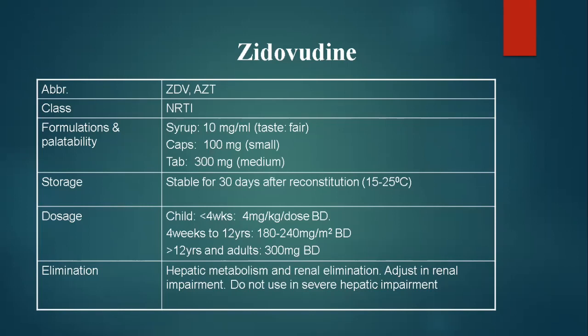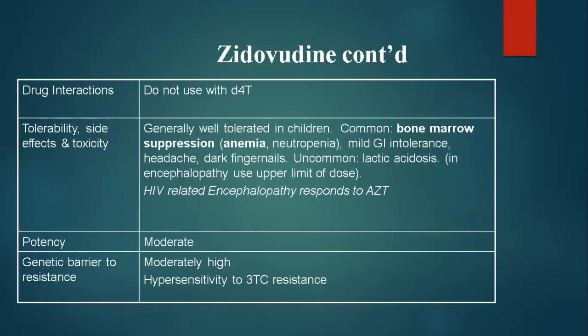So this drug should be adjusted in renal impairment and should not be used in severe hepatic impairment. So still on zidovudine, it should not be used with D4T drug because of its interaction.